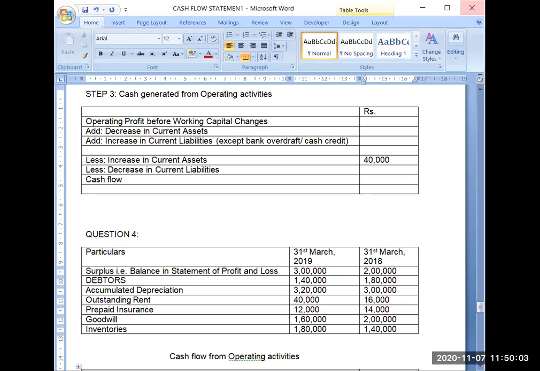When will debtors reduce? If my opening debtors were 1,80,000, and now my debtors are only 1,40,000, in what circumstances can debtors reduce? Can you tell me?